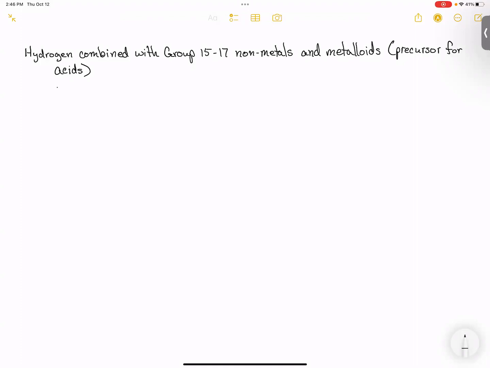So let's talk about the formula for these compounds.